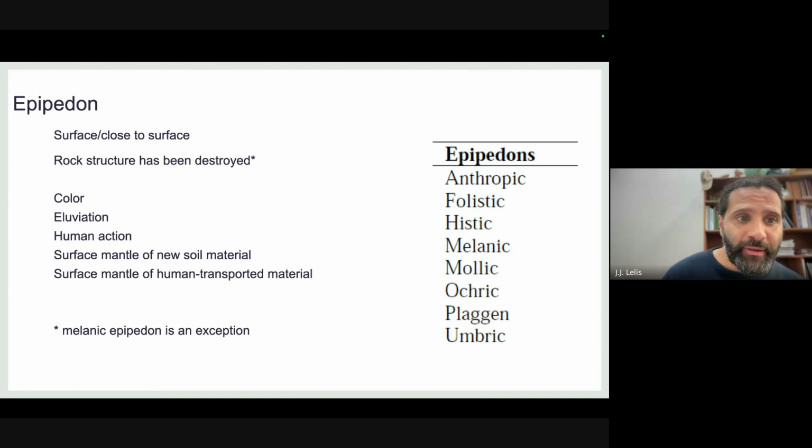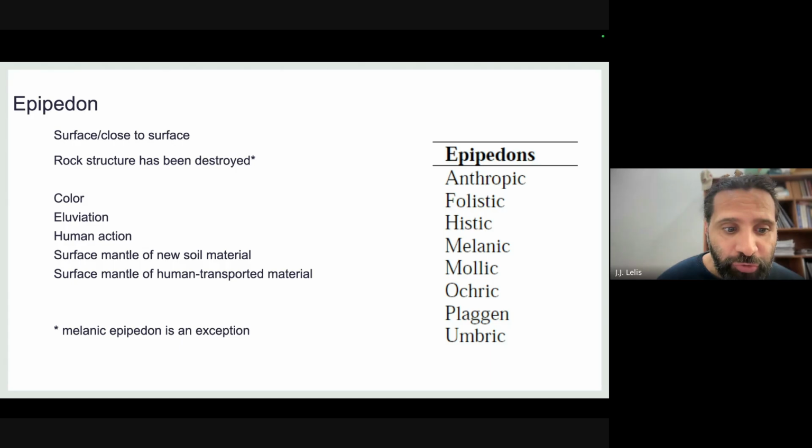And the epipedon is the diagnostic horizon that's formed at the surface or close to the surface. So we call as epipedon only those diagnostic horizons that are formed by surface processes, or processes that act close to the surface, okay? And of course, it's quite important to consider that these epipedons don't register rock structure except for one.